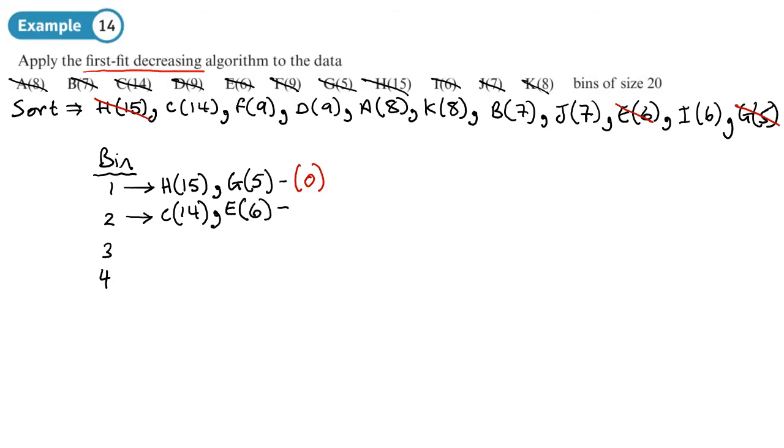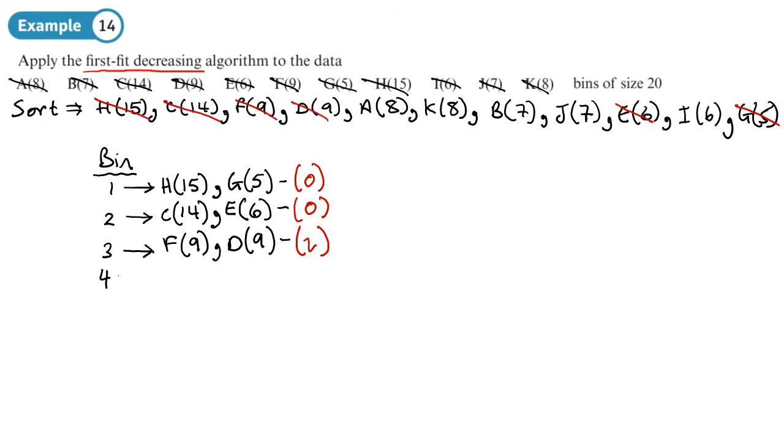So no wasted space in that bin. We go to the third bin. So we'll cross off the C there. So first fit means we put F in, then we put D in, that fills the bin. There's no other item that's going to get in this. We've got 2 units of wasted space.